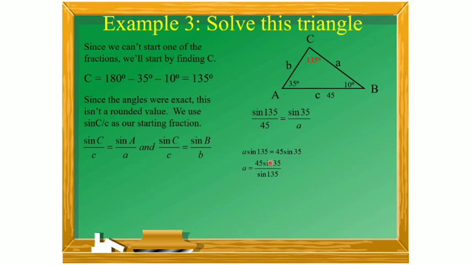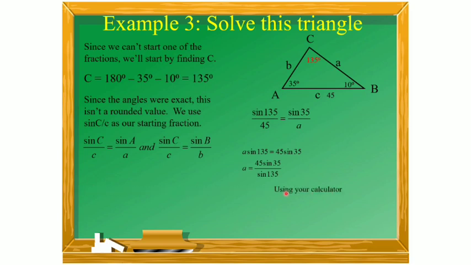And then the next step, divide both sides by sine 135. So we will get A is equal to 45 times sine 35 all over sine 135.